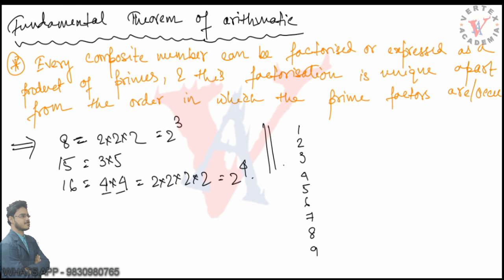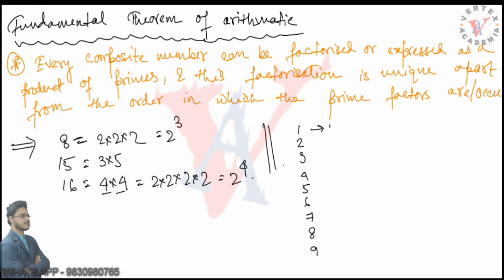Take a bigger number, for example 144. 144 is 12 into 12, so it is 6 into 2 into 6 into 2. So any number greater than 9 can be represented as factors of 1 to 9.